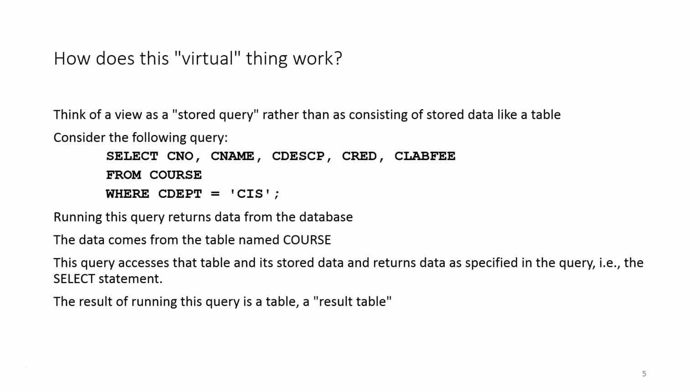So now the structure of the result table would be exactly the same, but the content of that result table would change based upon the data that currently exists within the course table within the database. So it'll always reflect what's going on in the database. It's the same structure, but its content will be subject to change based upon what currently exists within a database.